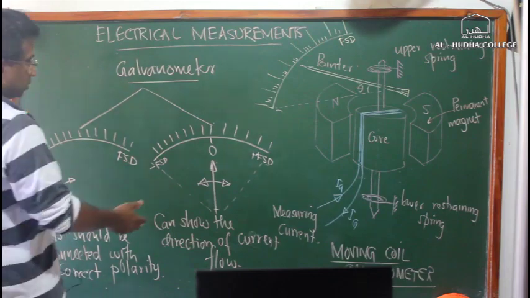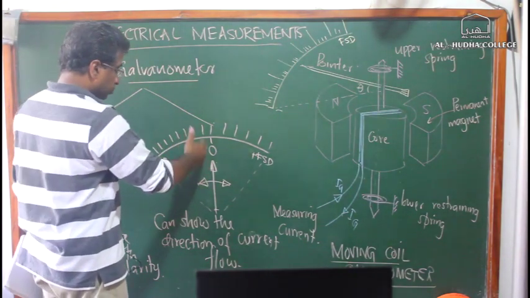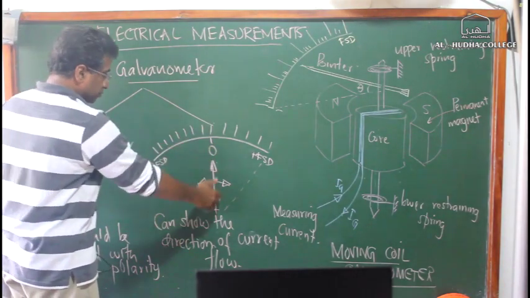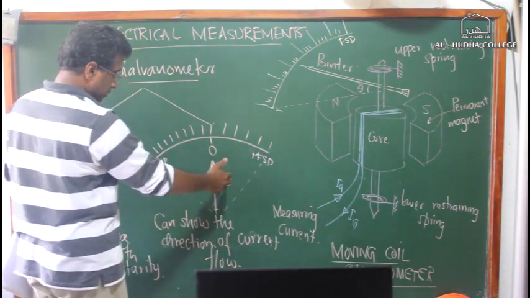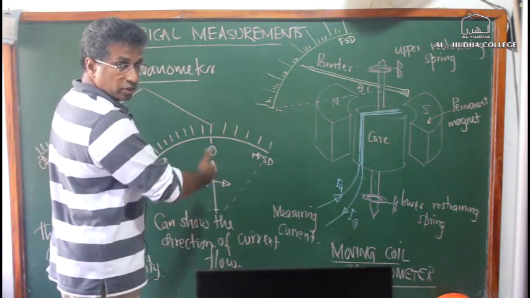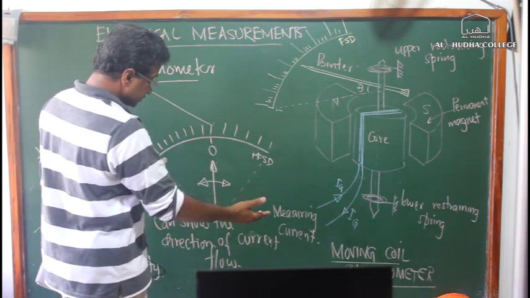And then depending on the initial position of the pointer, that means the 0 point, if it is in the middle, it is a center 0 galvanometer. This can be used to measure current in either direction, right?